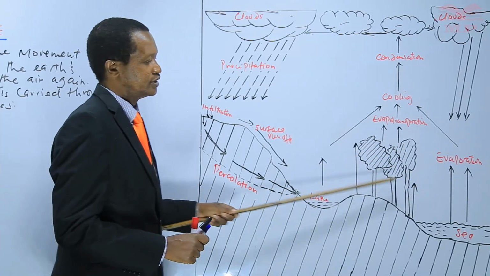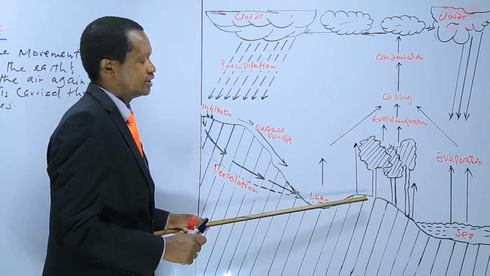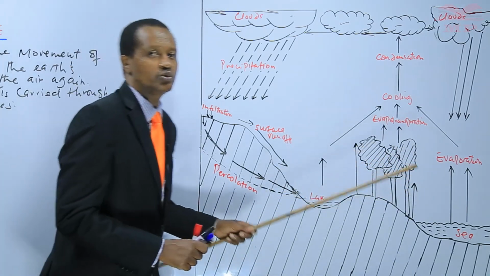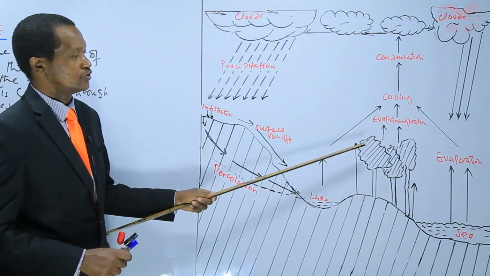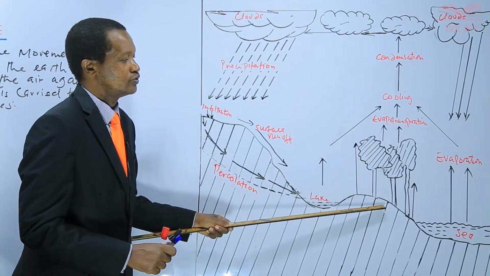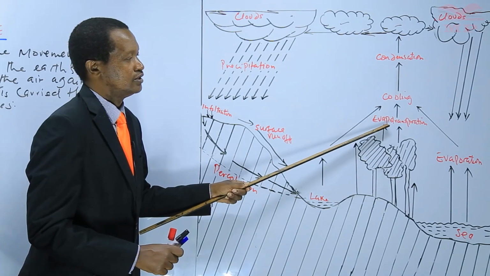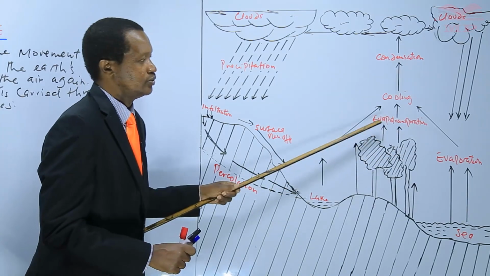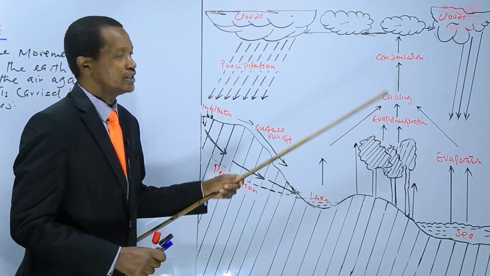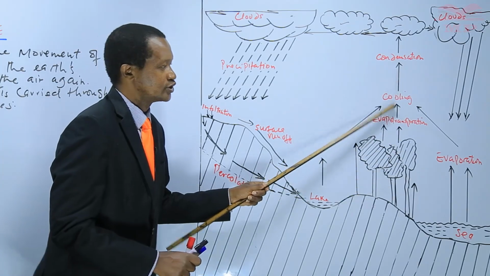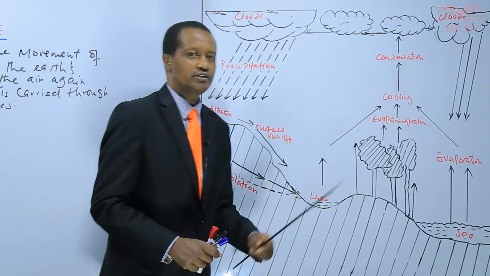Evaporation from the oceans, from the lakes, and also loss of water through the process of transpiration, through the soil, giving us the two processes combined. We have the evapotranspiration.